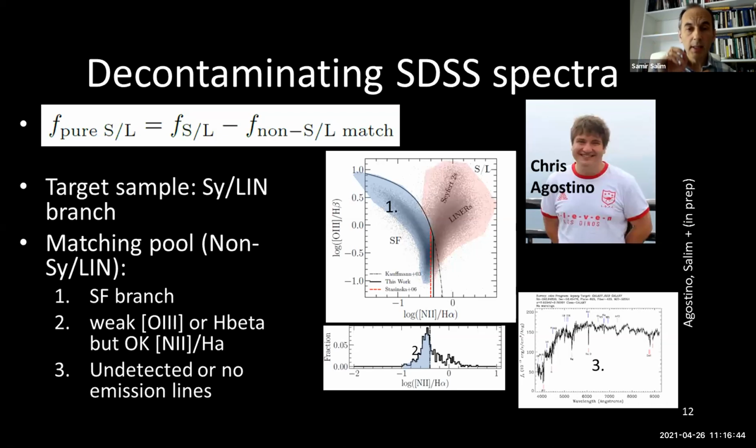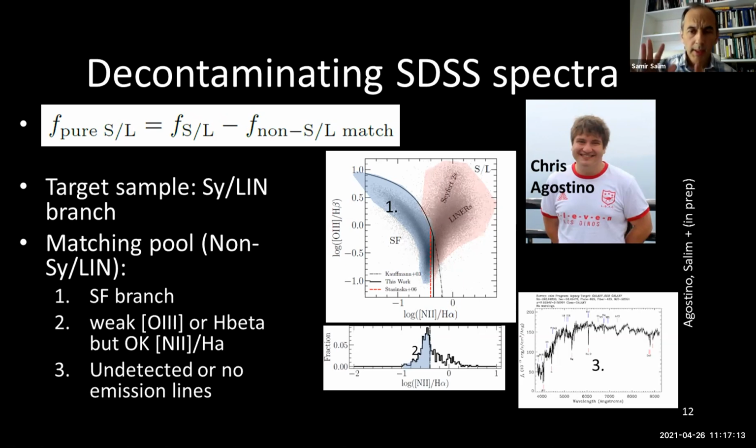And subtracting the emission line fluxes of those galaxies that we match should empirically tell us how much of the contribution in the lines is due to things such as star formation, or maybe some other things like, as I said, diffuse ionized gas, leaving only the intrinsic emission from the AGN or the liner.